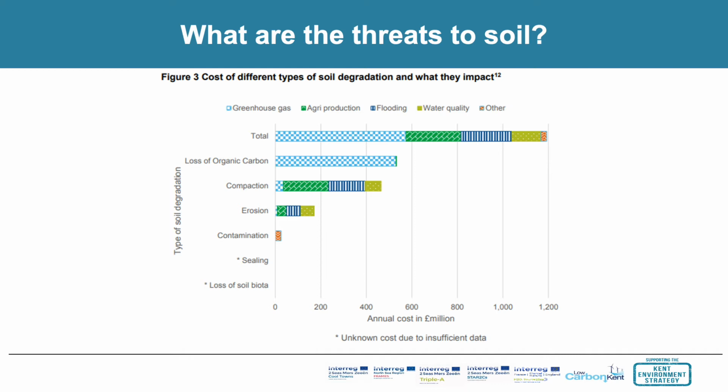The next type of degradation that we're going to look at is compaction. Compaction is a pressing down of the soil, creating a harder surface. What I mentioned earlier about pore sizes, the space between particles, when compaction takes place, this will be reduced, and it reduces the amount of air which can get into the soil. That's not great in terms of the types of microbes that can live there, because there are two types of microbes.